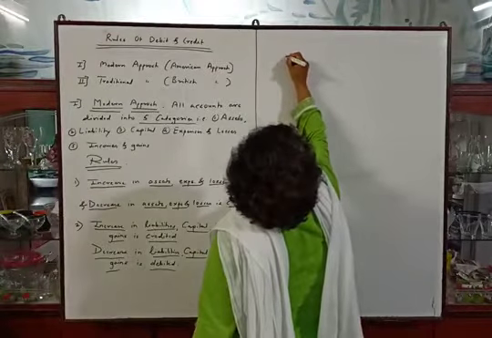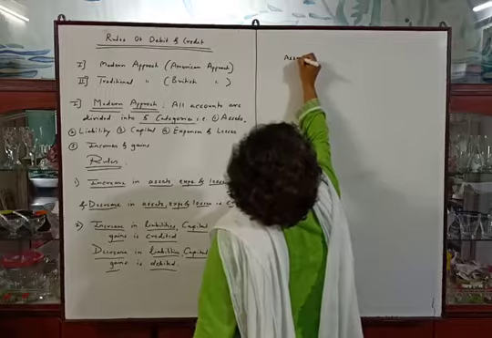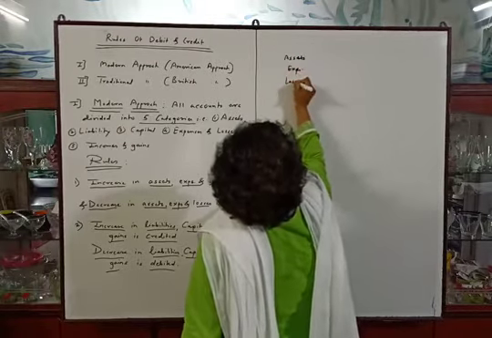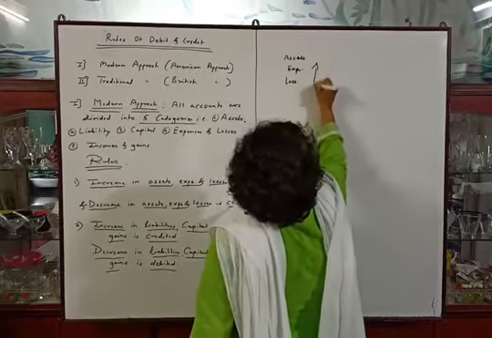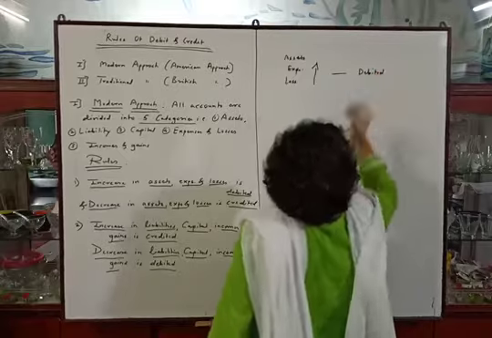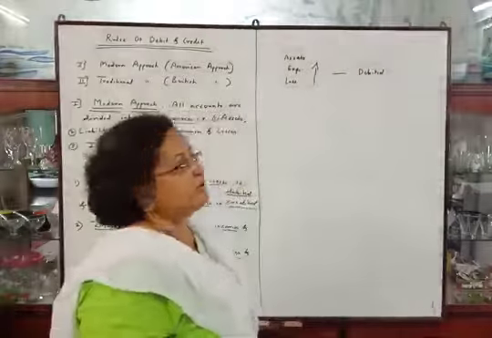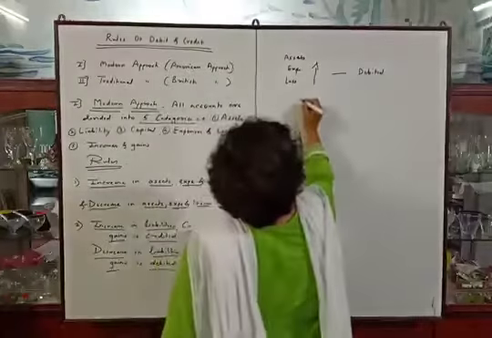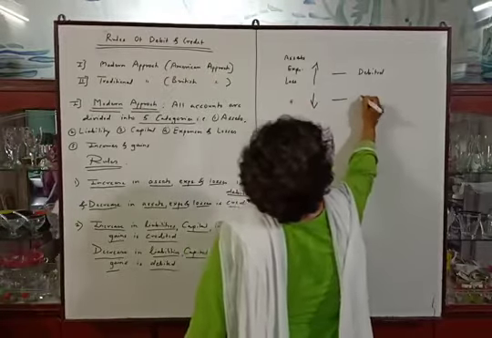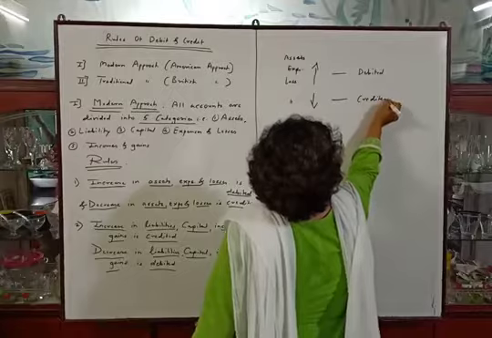If assets, expenses and losses increase, then they are to be debited. This is in short form to revise. And if there is decrease in assets, expenses and losses, it should be credited.